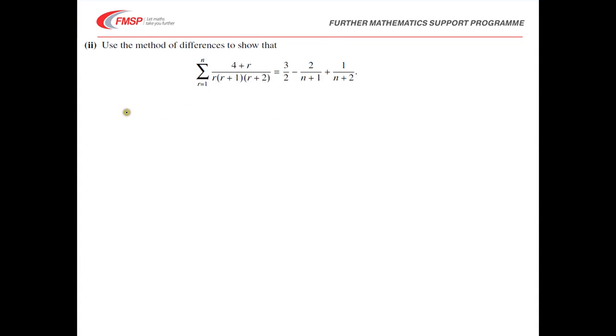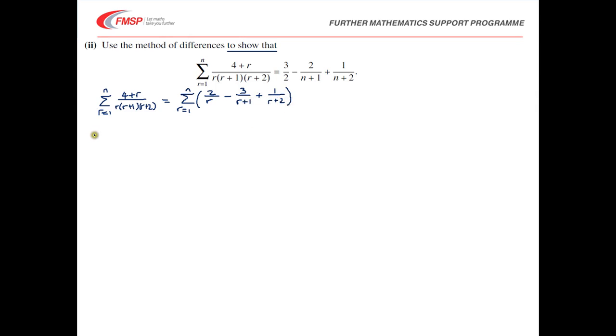Then use the method of differences. So it's show that, so again I need to be very careful with my working. Should be anyway. Sum from r equals 1 to n of 4 over r, r plus 1, r plus 2 equals, well, it equals the sum from r equals 1 to n of what you just showed that was equal to. So 2 over r minus 3 over r plus 1 plus 1 over r plus 2.